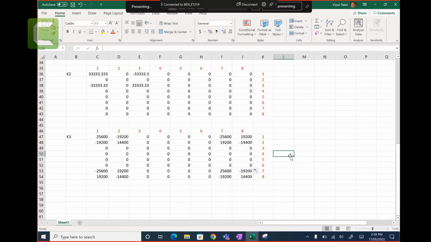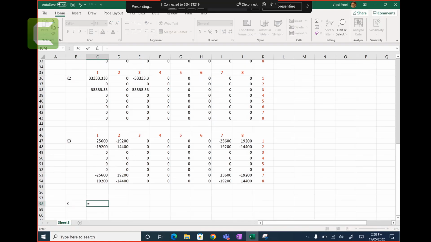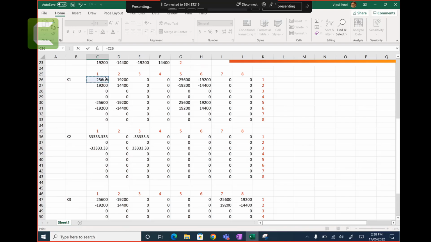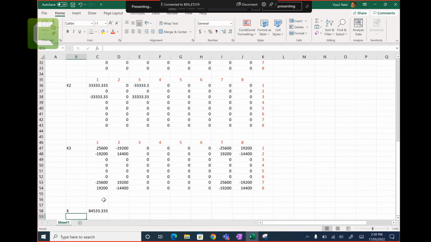All right. Now capital K. We just need to sum them up, right? Capital K equals this number plus this number plus this number, right? And then you just do this.